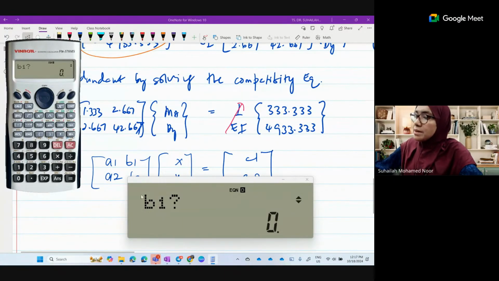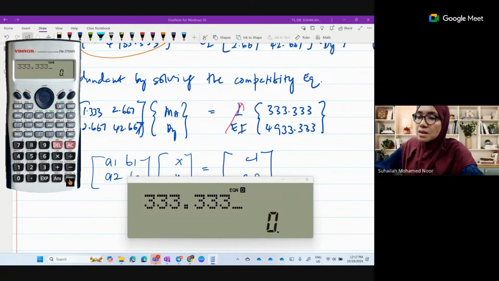Okay, next B1 2.667. Okay, next C1 is 333.333. Next A2 2.667. Next B2 is 42.667. Next is 49.333.